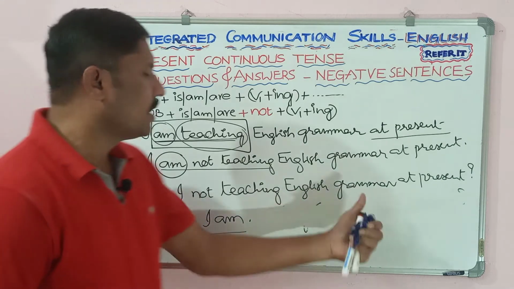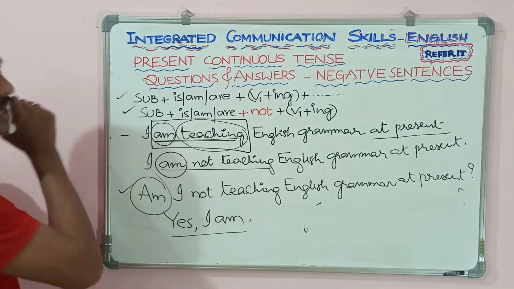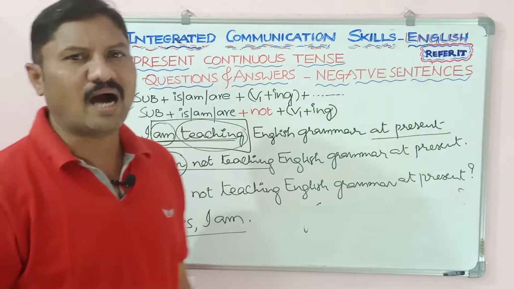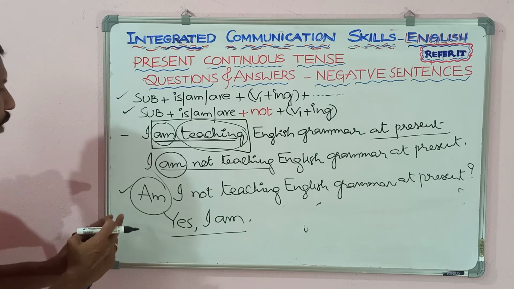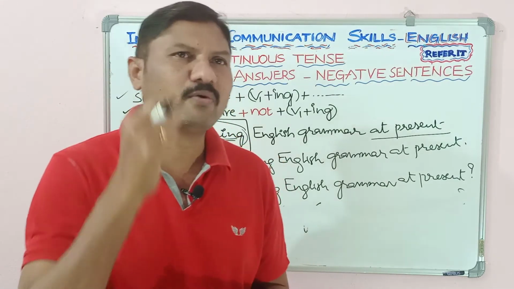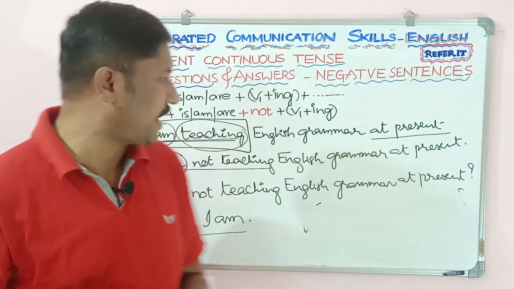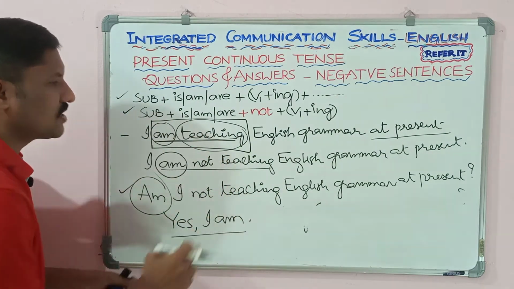You need not write the complete answer for the questions beginning with a helping verb or auxiliary verb. But for the question, why am I not teaching English grammar at present? You have to give a complete answer. Okay. So this is the question and how we answer that question.